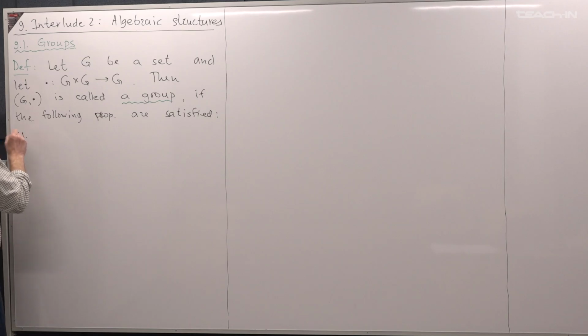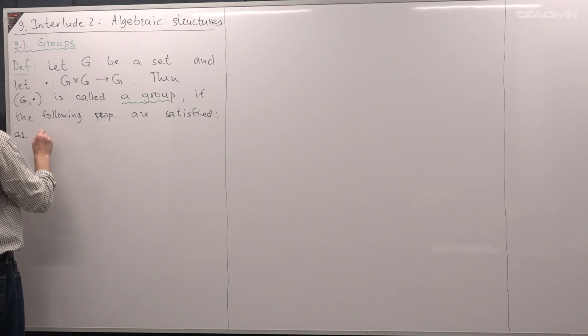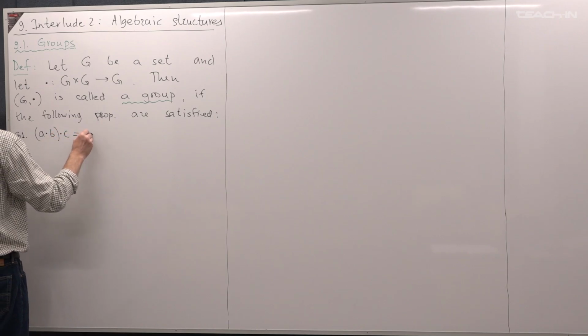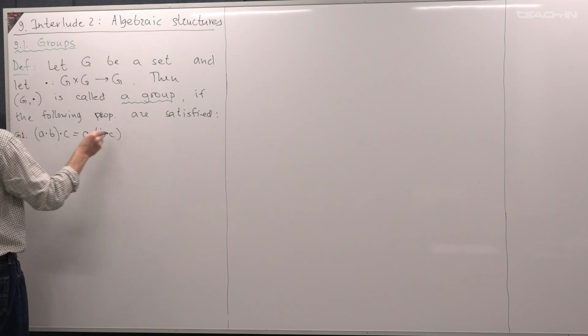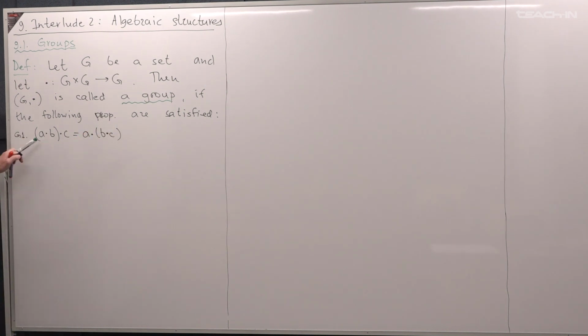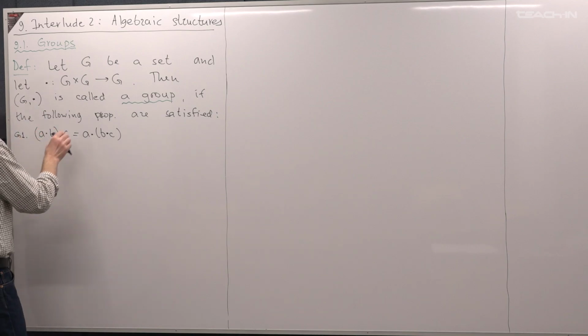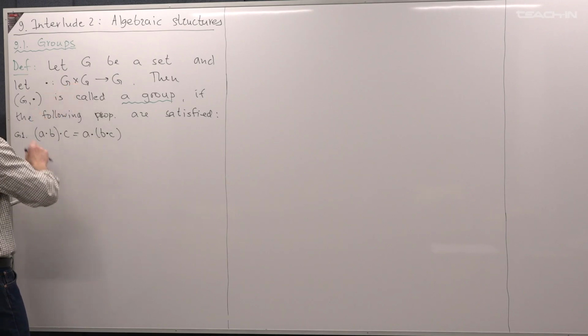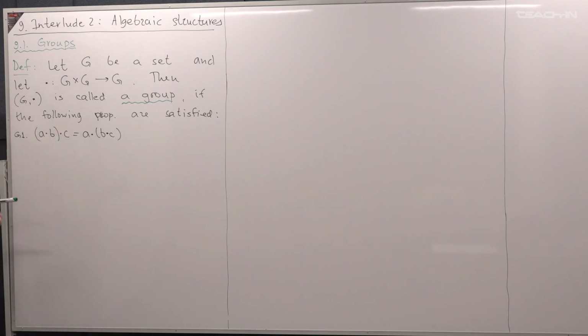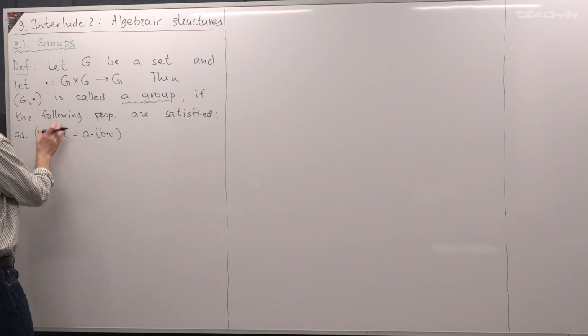So G1: (a · b) · c equals a · (b · c). This means that in the left-hand side we first apply this mapping to the pair of a and b, so we get some element from the set G, and then we have another pair and we apply our mapping to the result of applying the first mapping and to c.